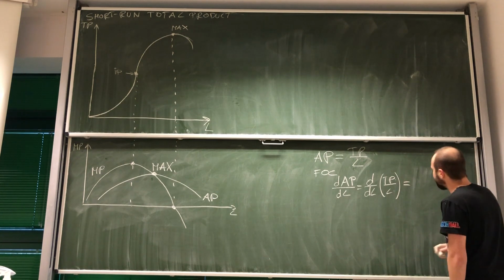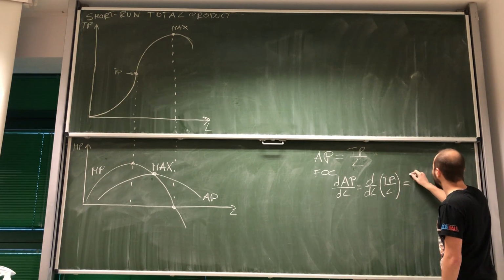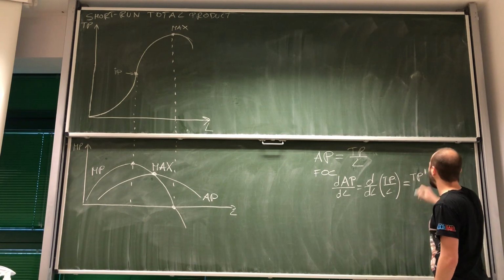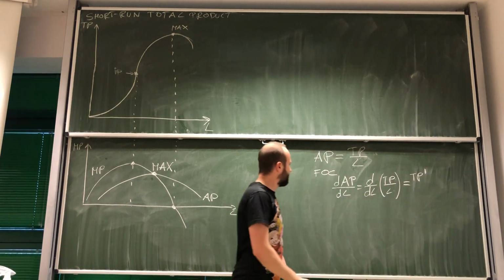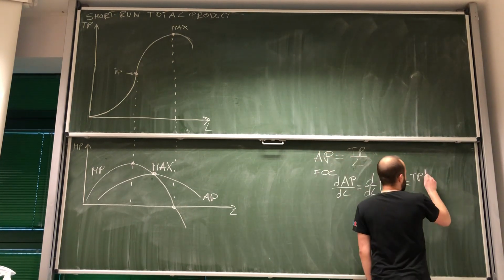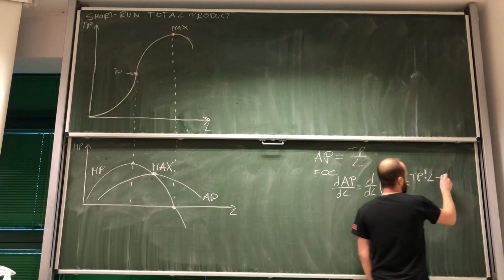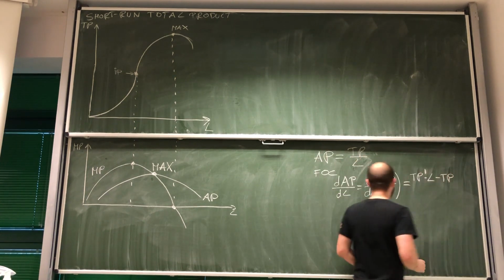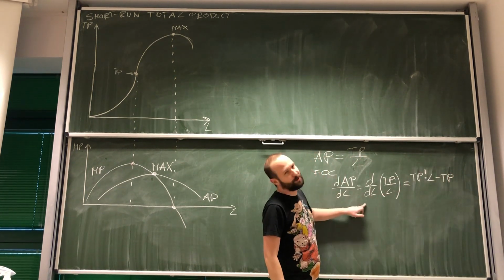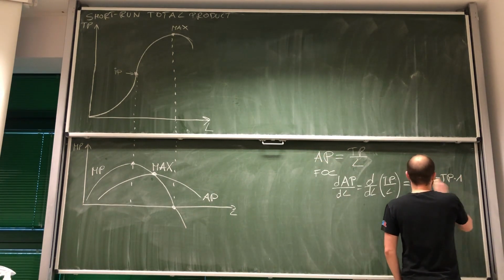Okay. So we've got that this is the first derivative of total product. I'm going to denote it as Tp prime to make it easier. Times L minus Tp times the derivative of L with respect to L, which is simply 1, and we divide it by L squared.